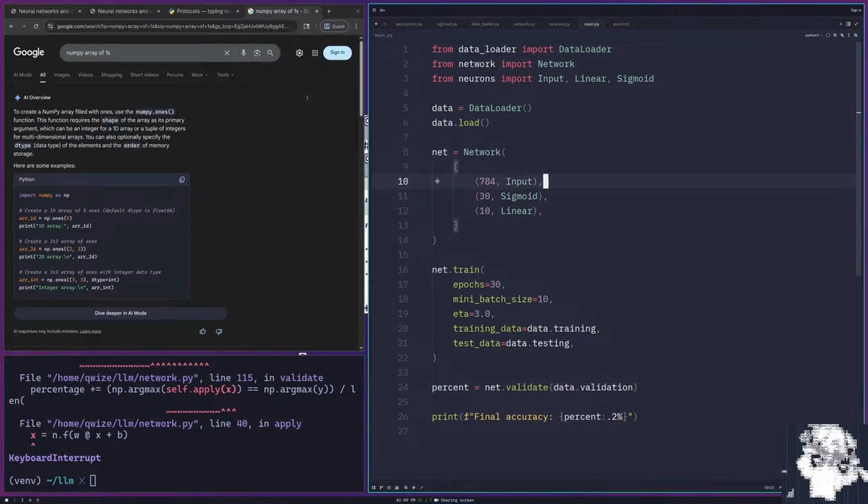The input layer is not supposed to be having weights and biases. Is it? I don't think it is.